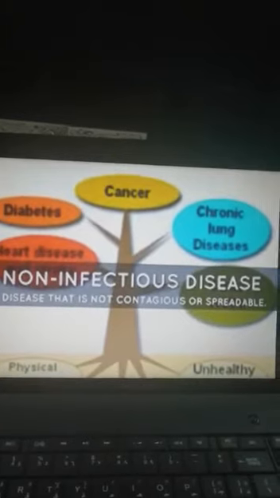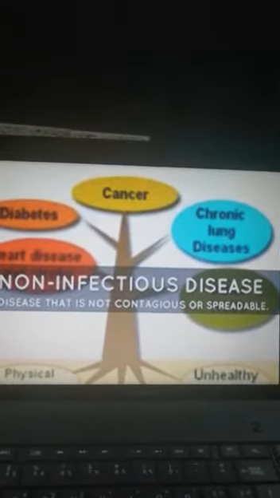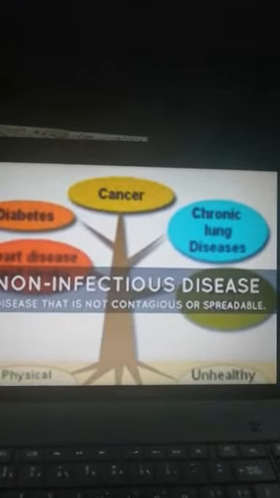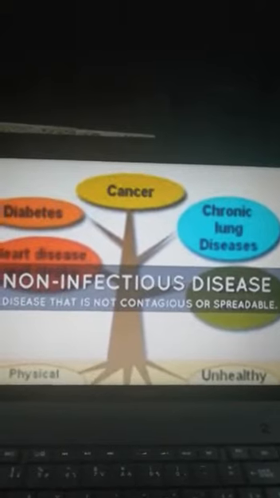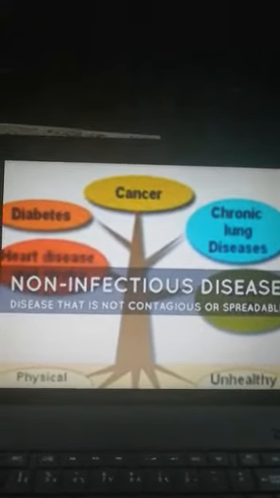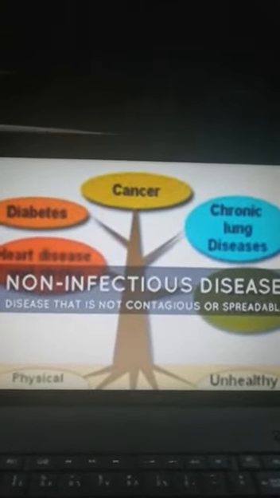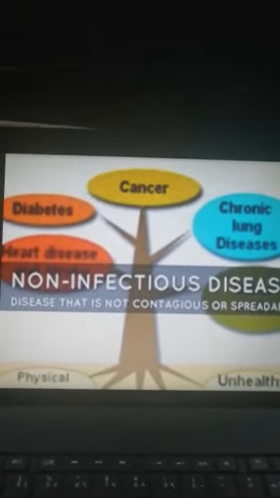Now, let's know non-infectious disease. Non-infectious disease like what? Chronic lung disease, cancer, diabetes, heart disease. Okay, non-infectious disease is caused by heredity or environmental factors.